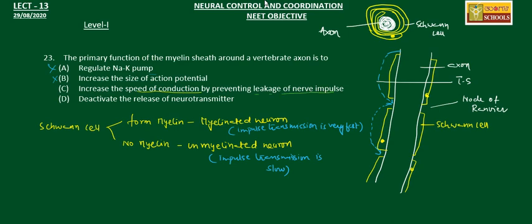So option C is the right option. Let's see option D also, deactivate the release of neurotransmitter. It has no role in that. So the correct option is increase the speed of conduction by preventing the leakage of nerve impulses.